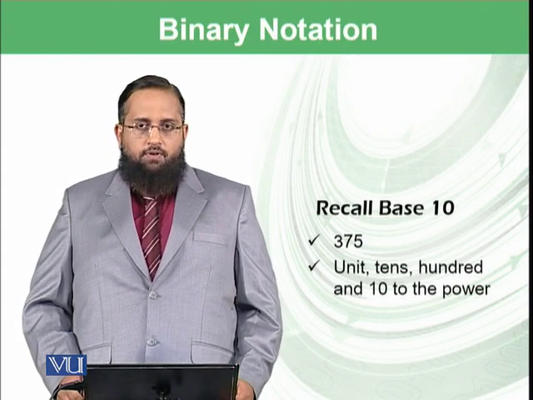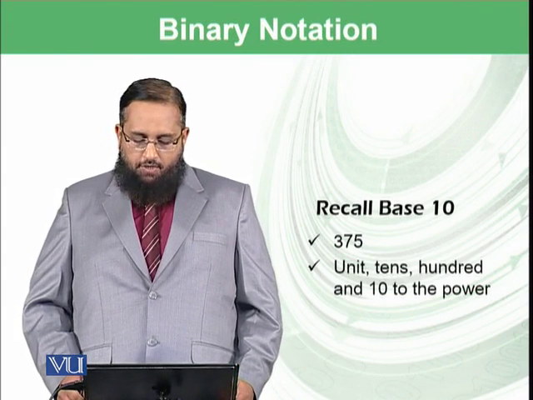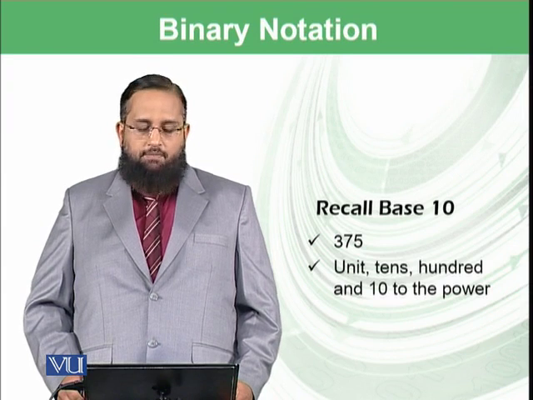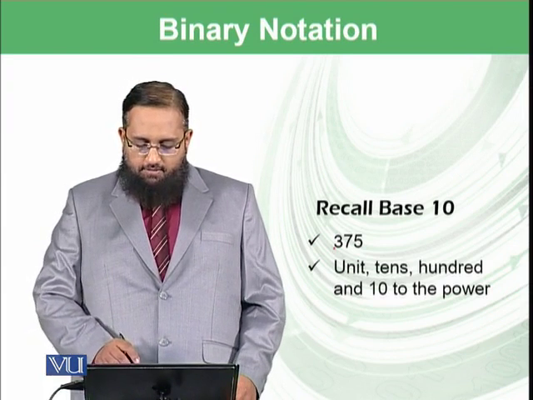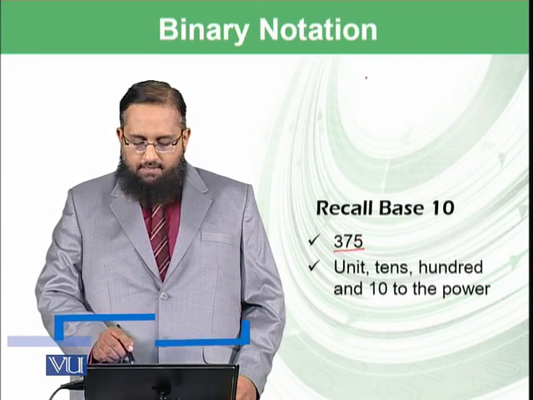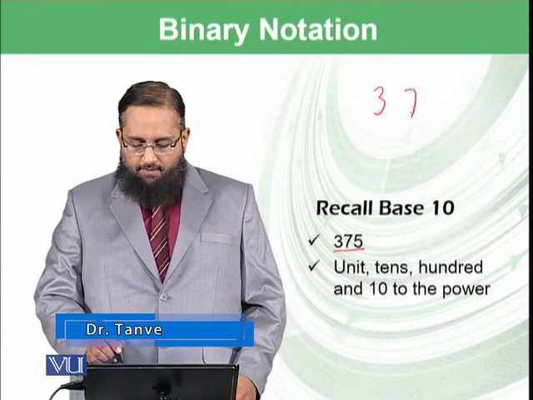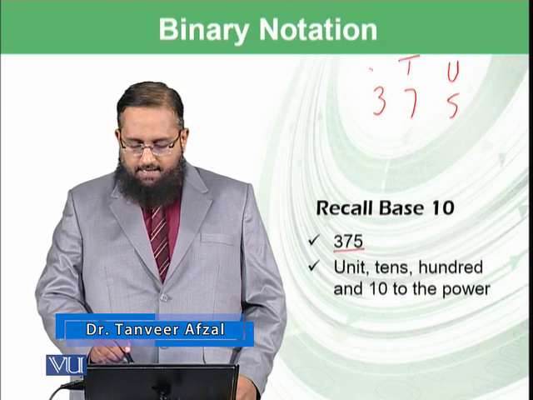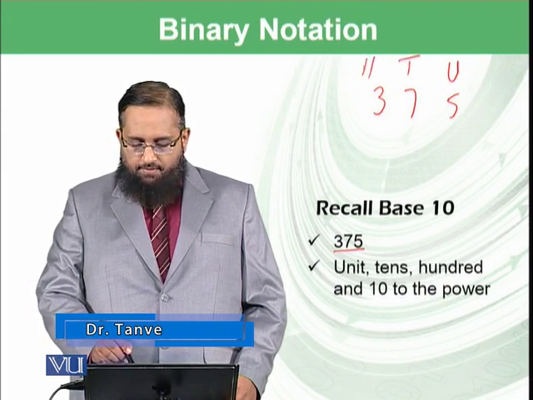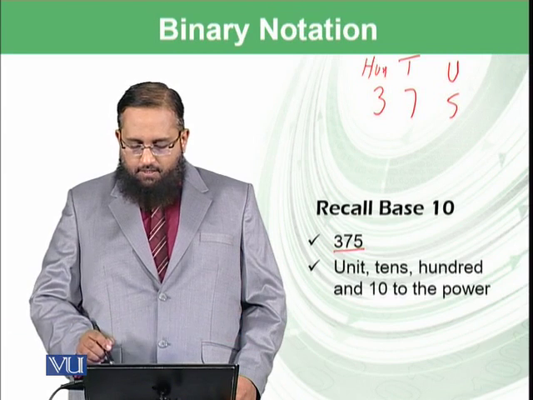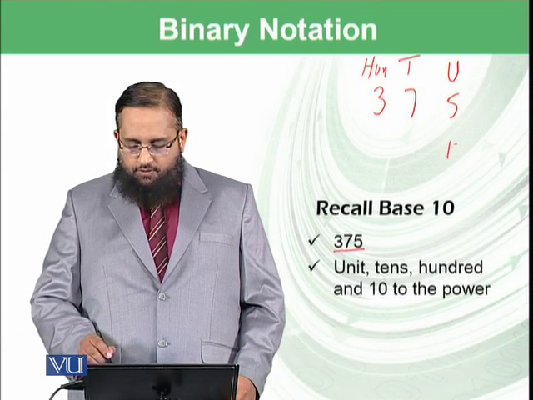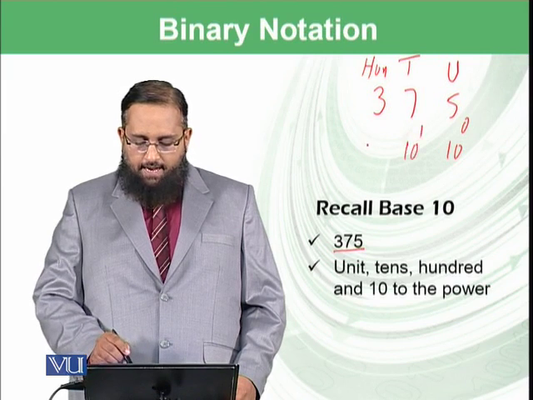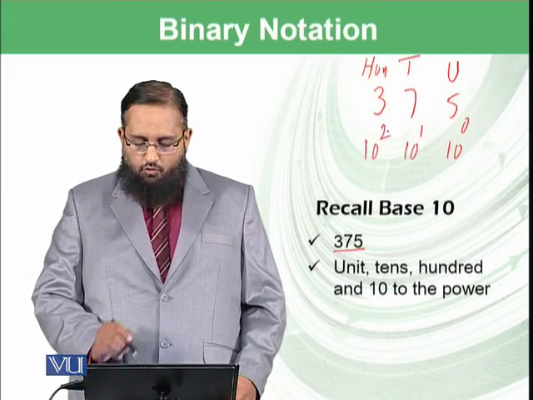Before starting the binary notation, you should recall the base 10 or decimal system. When you say 375, what does it mean? It has a unit place, a 10th place, and a 100th place. So this is 10 raised to power 0, this is 10 raised to power 1, and this is 10 raised to power 2.